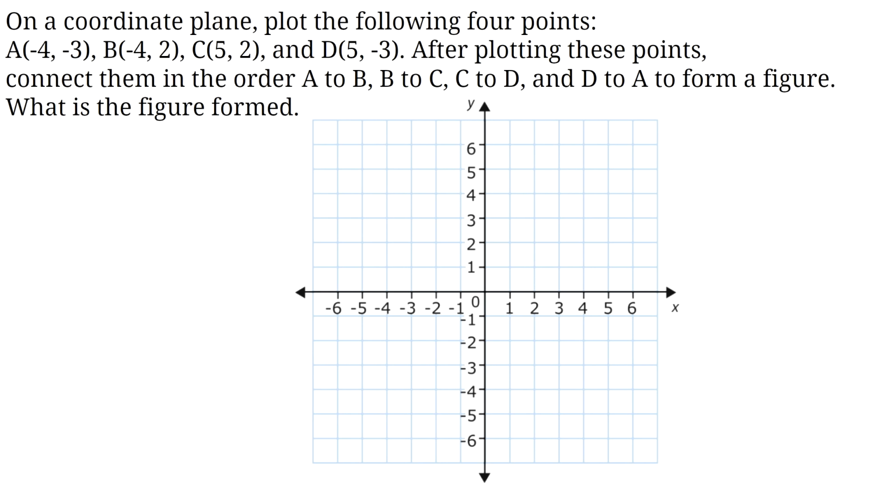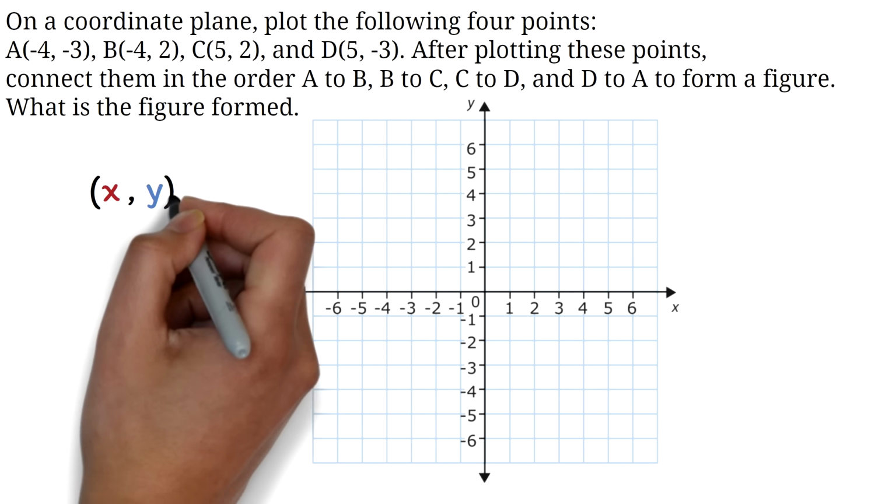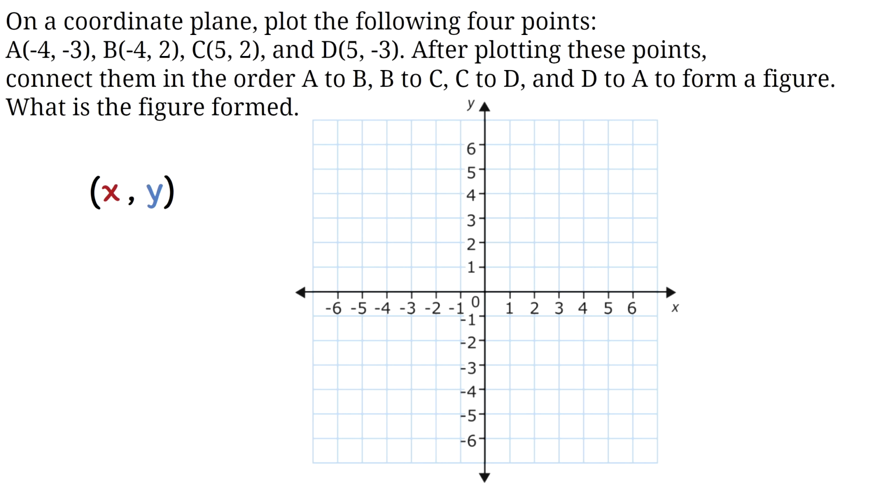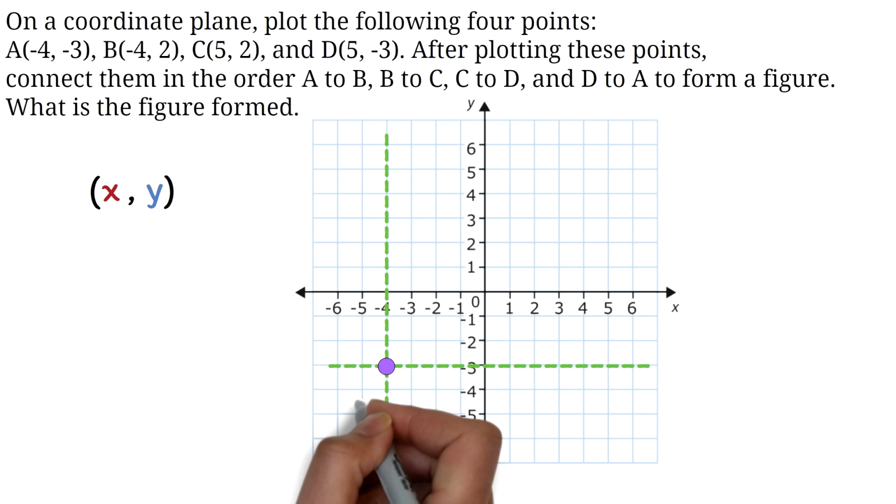Let's start by plotting our points. We know that in point notation, the first value is your x value and the second value is your y value. So for A, -4, -3, the x value is -4 and the y value is -3. So this is our point.